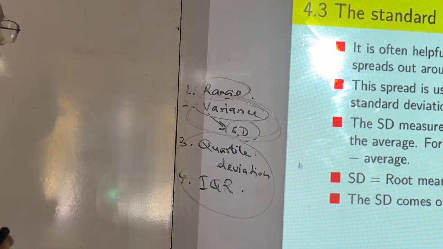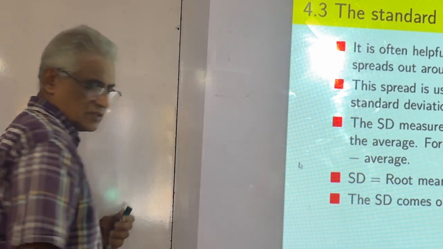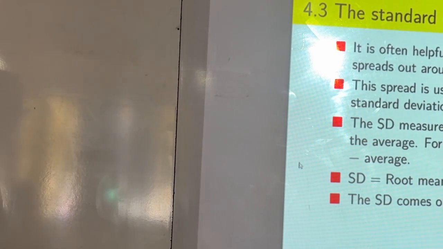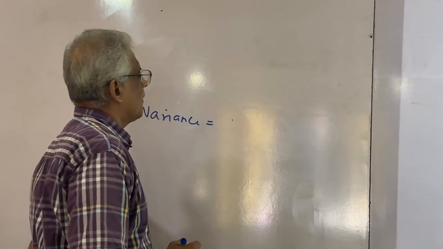Before talking about the standard deviation, actually usually we talk about the variance. I don't know, for some reason the book doesn't talk about the variance. They have directly come to the standard deviation. But the variance is something like this.